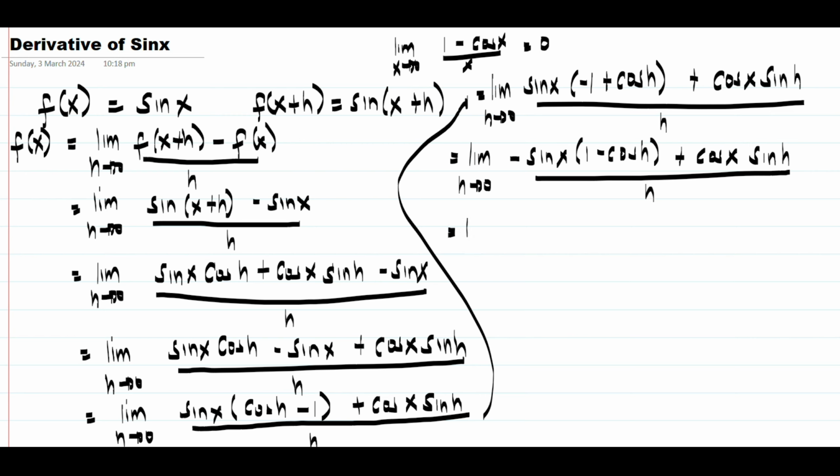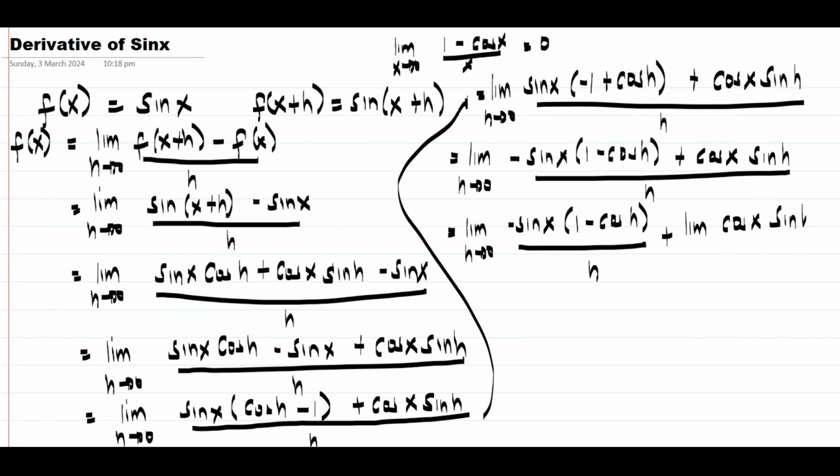Therefore, let us have here the limit as h approaches 0 of negative sine x times 1 minus cosine h all over h, plus the limit of cosine x sine h all over h as h approaches 0.